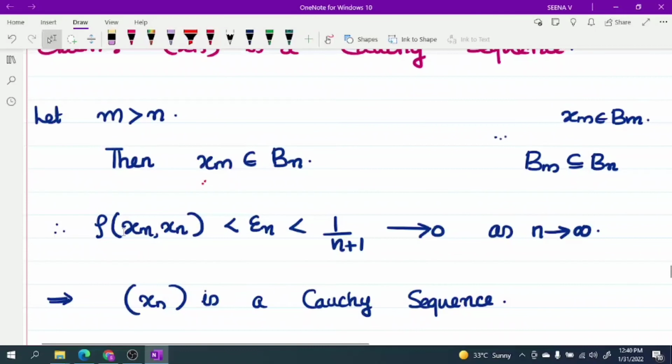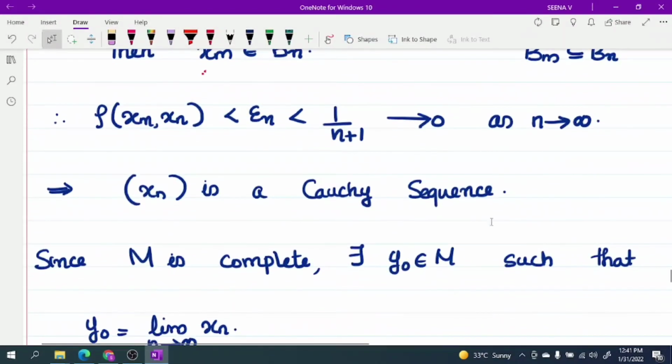Therefore, rho of xm and xn is strictly less than epsilon n, because xm is contained in Bn means the distance between xm and the center of Bn, which is xn, is clearly less than epsilon n. This is less than 1 by n plus 1, which tends to 0 as n tends to infinity. Therefore, xn is a Cauchy sequence.